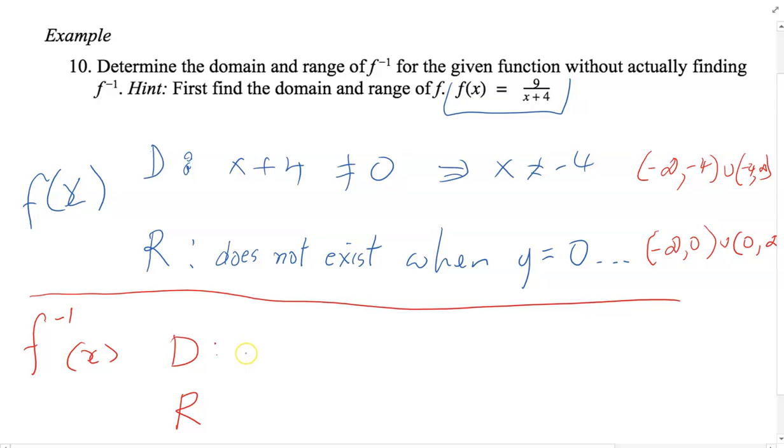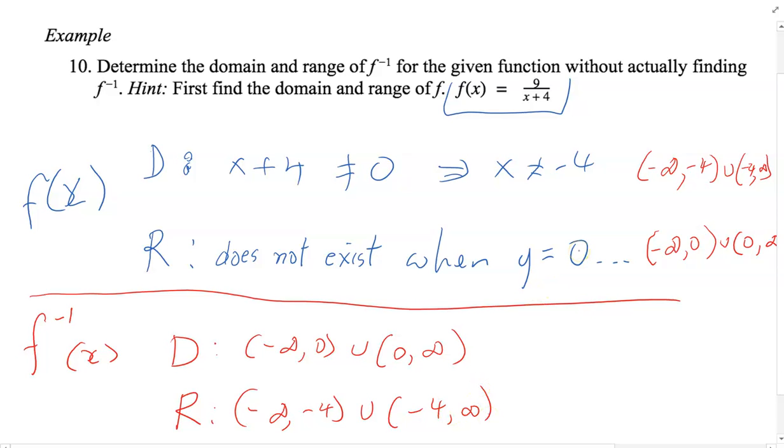So the domain here for f inverse of x would be negative infinity to 0 union 0 to positive infinity, and the range of the inverse function would come from the domain of the original function, which is negative infinity to negative 4 union negative 4 to infinity.